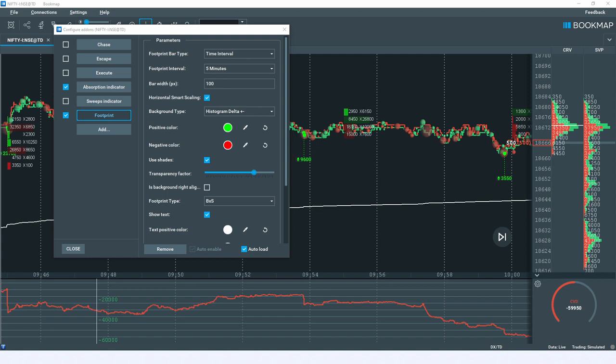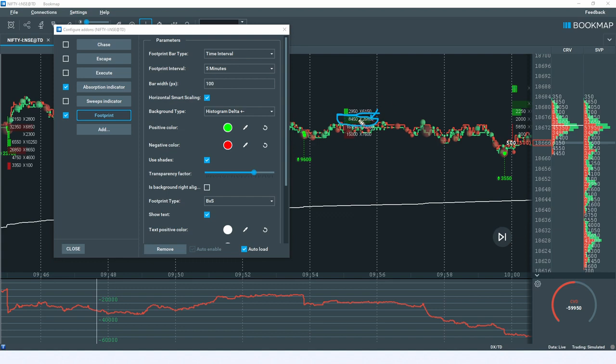So in this case, we can clearly see that this price level has 26,800 market buy orders, and compared to all the price levels, this is where we see the most transactions. At the same time, the market buy orders were more aggressive at that price level.